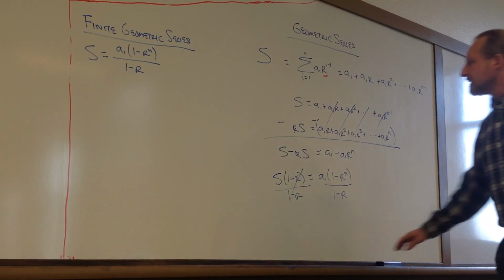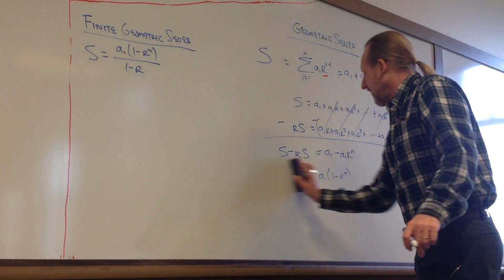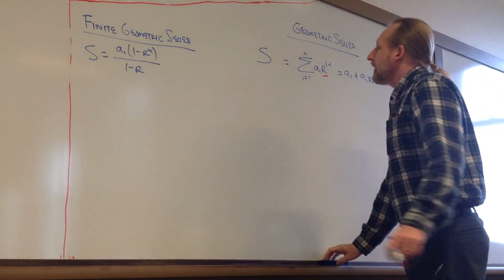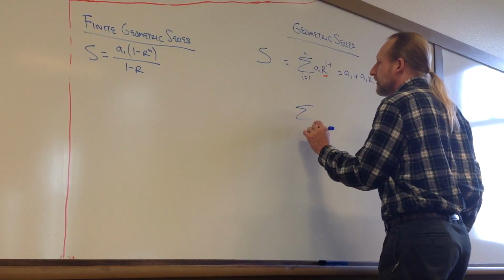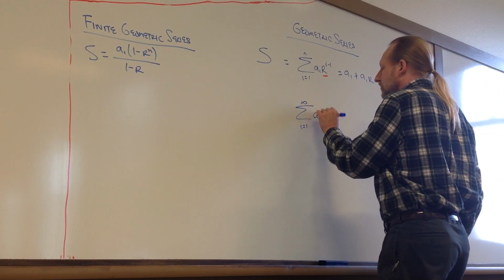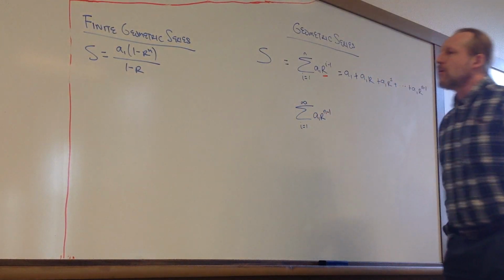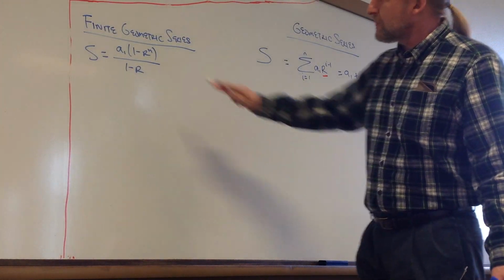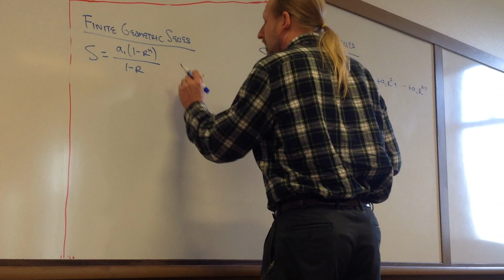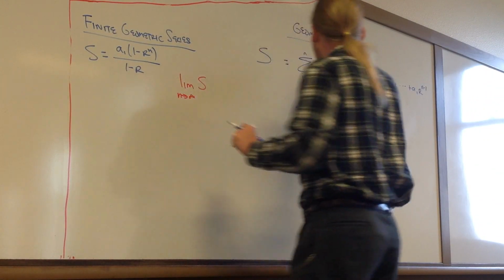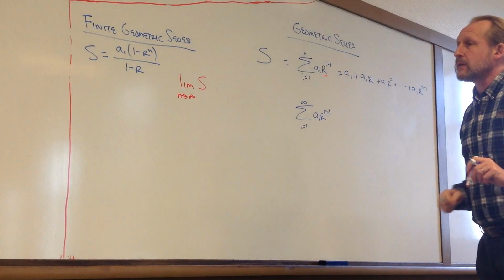Okay, now, having made that calculation, what if we're working with an infinite geometric series? Well, if we're working with an infinite geometric series, we could take the limit of this sum as n goes to infinity.